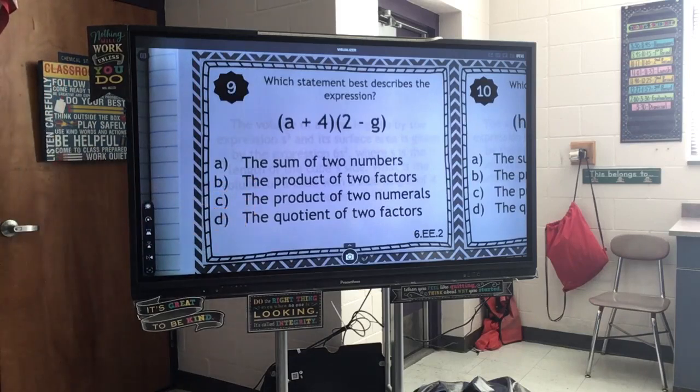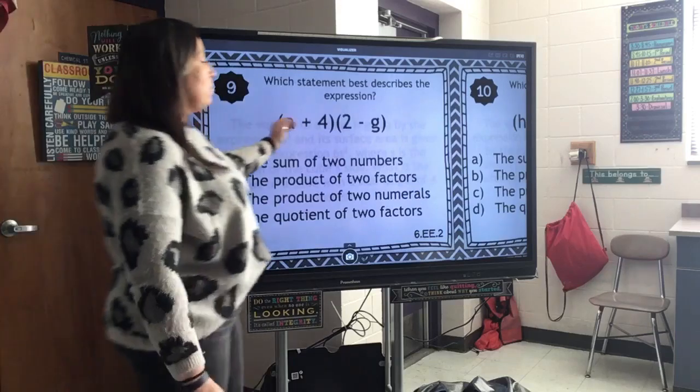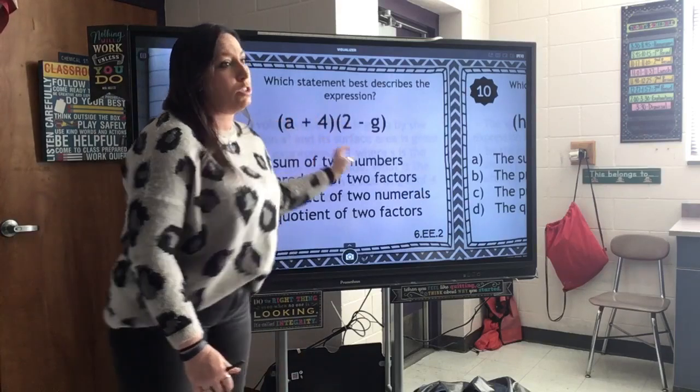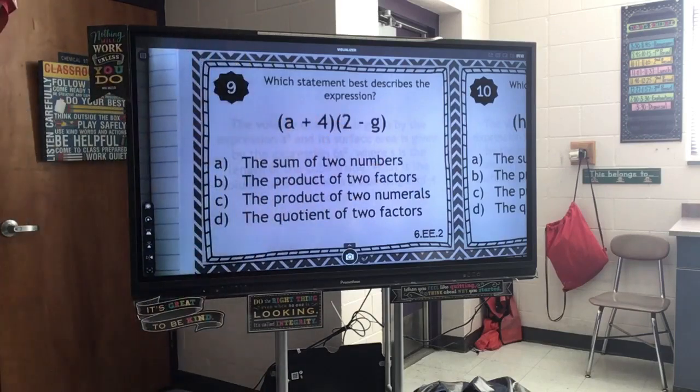All right, what do we think? Jonathan? I don't think it's going to be C, because A plus 4 won't just be a numeral, it will have a number in it, which would be a factor. Essentially, you have these letters that you're going to be adding to. So it's not just a number, which is a numeral.